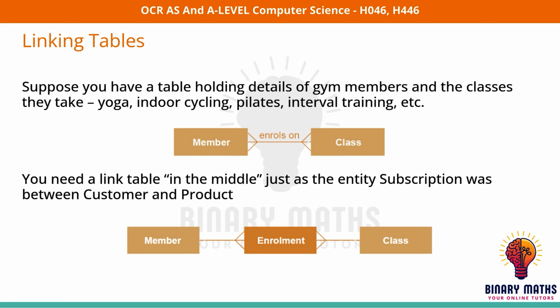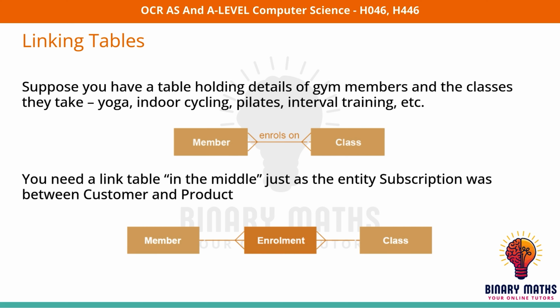For example, let's go back to our gym database. We have a table for members and a table for classes. A member can attend many classes and a class can have many members. To handle this, we create a linking table, such as member classes, that records which members are attending which classes.